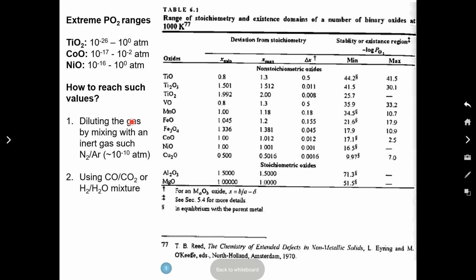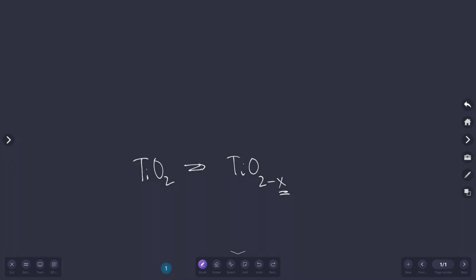One very effective alternative is mixing two different gases. You can mix CO and CO2, or you can mix H2 and H2O. The idea comes from the equilibrium between those two gases involving oxygen.